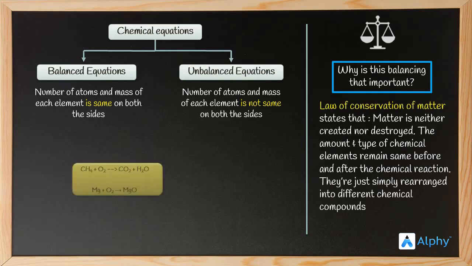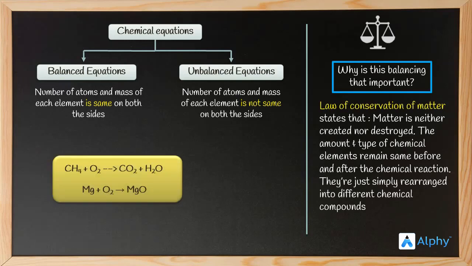Now let's dive deeper into this with a displayed example. Here we can see these two symbolic equations: CH4 plus O2 forming CO2 plus H2O, and Mg plus O2 forming MgO. Let us consider the first equation. How many carbon atoms, whose symbol is capital C, do you see on the left and right hand side of the first equation?